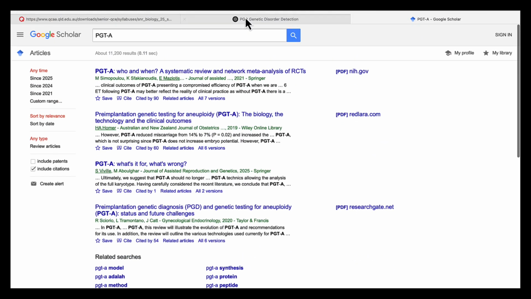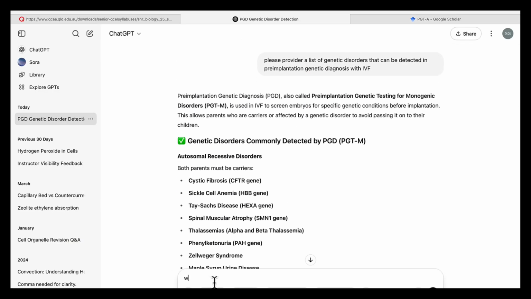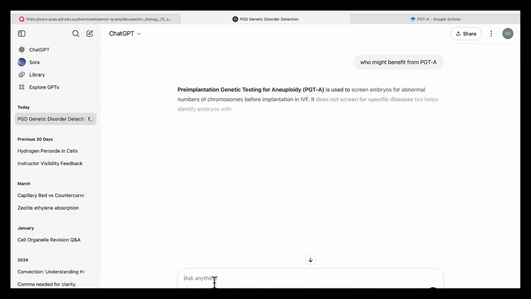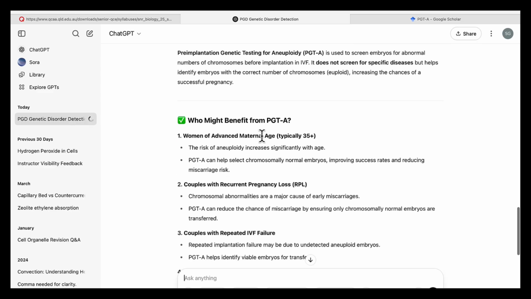Now let's go back to ChatGPT. Who might benefit from PGTA? Women of advanced maternal age. Okay, that sounds really good.